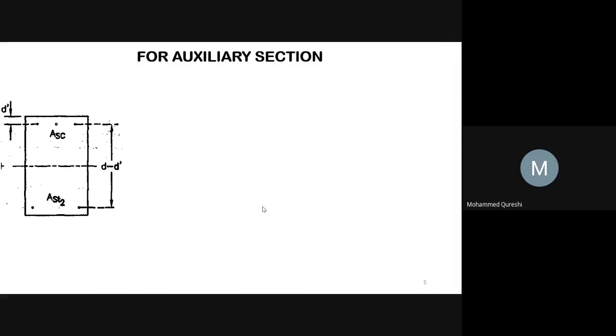As we had seen, for C2 equals T2, we had provided compression steel at top to restrict the depth of the beam.